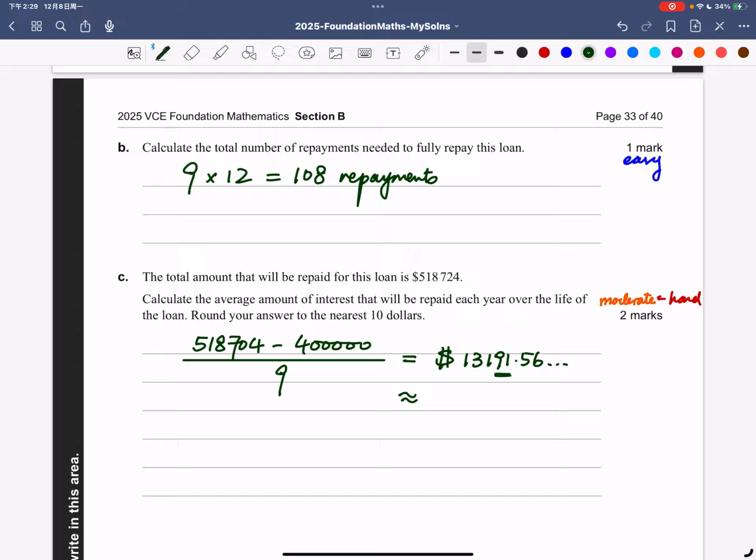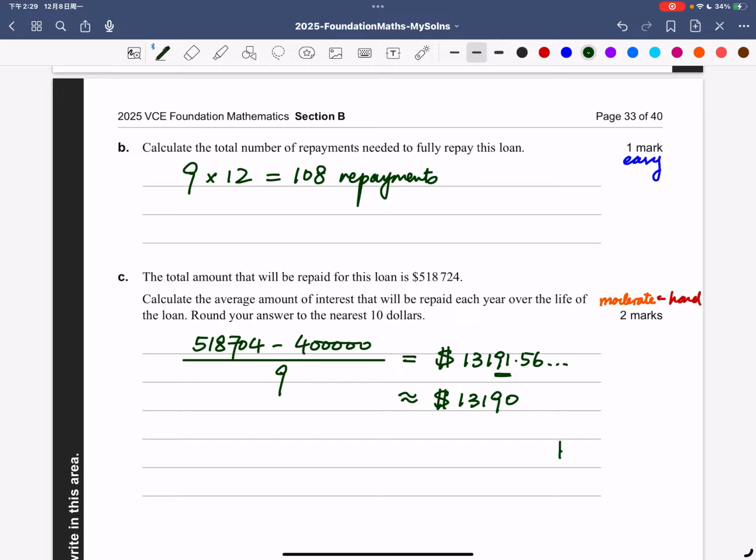So the nearest $10 will be, let's say, 13190. I know it's sometimes confusing. Why do I round it down? Why do I round it up? It depends on the context. Like this one is just the normal decimal rounding, nearest $10.